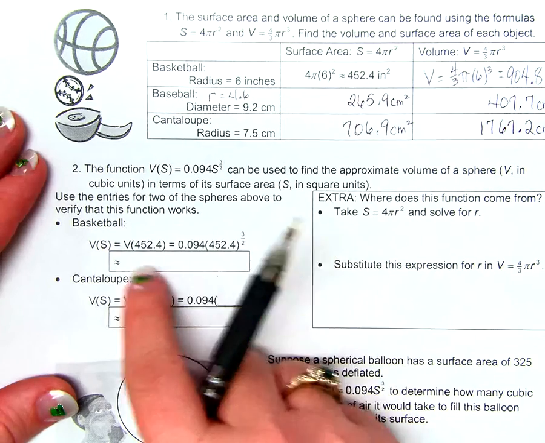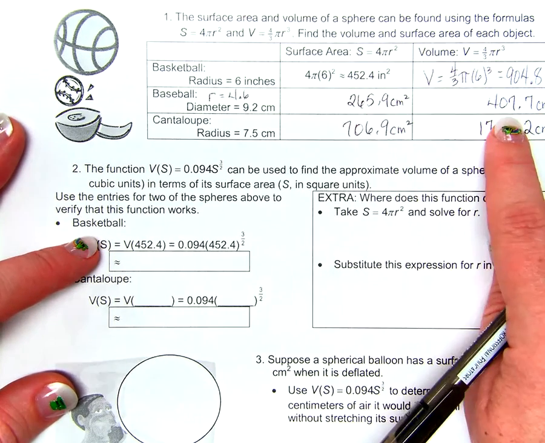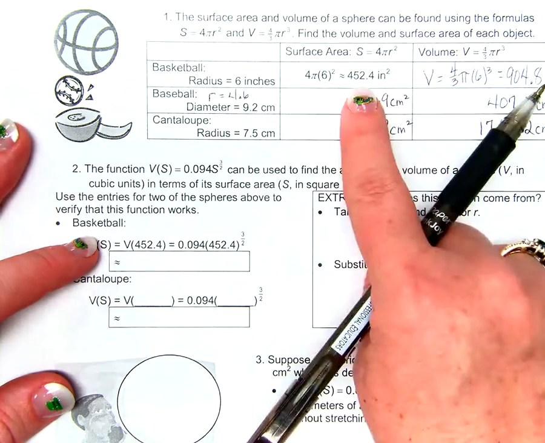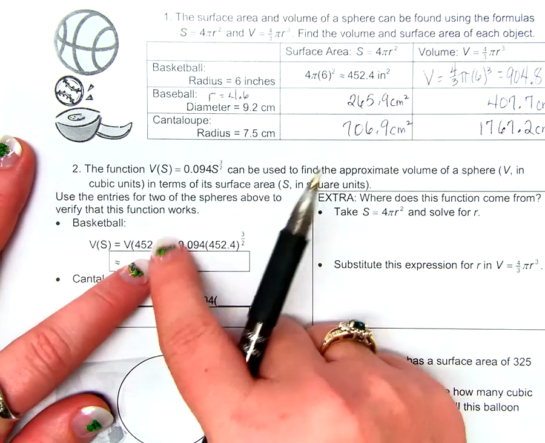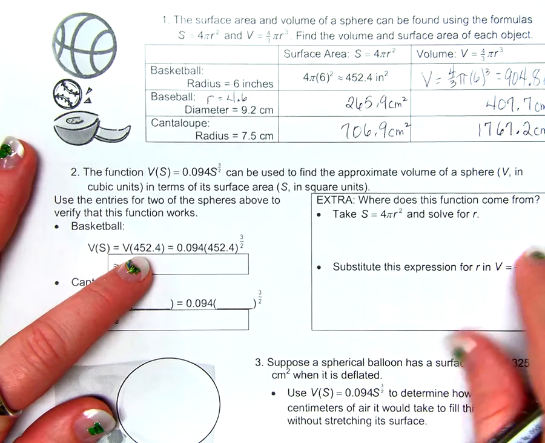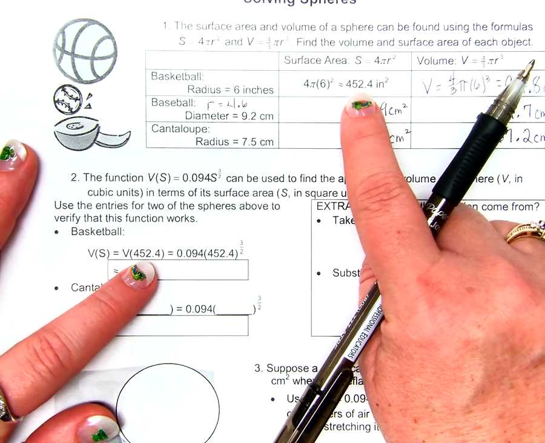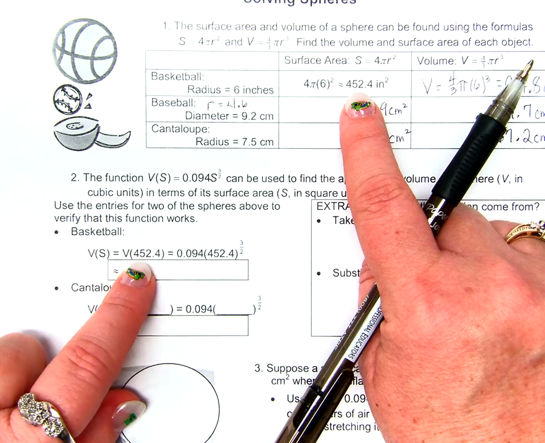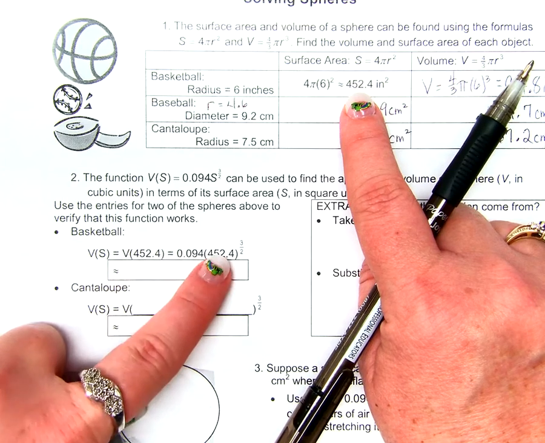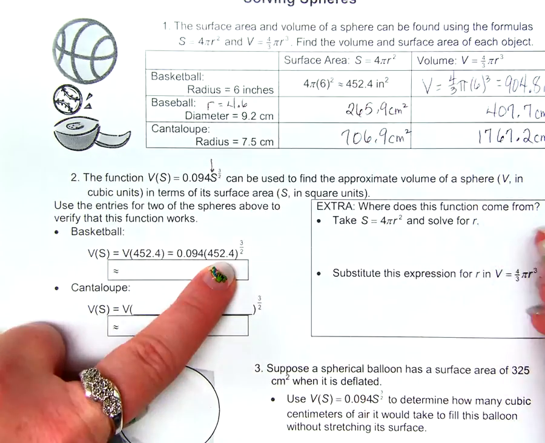Okay, so for a basketball, we know the surface area of a basketball, we know the volume of a basketball, if I could point to the right ones. Okay, so this is saying we take V of whatever the surface area of a basketball is here. Anywhere there is an S, we're going to put in the 452.4. So that's why there's a 452.4, because that's where the S was in the formula to begin with.